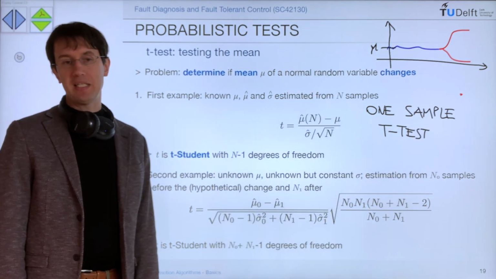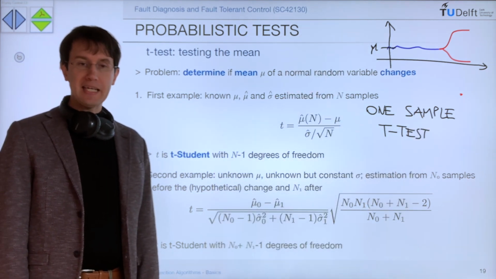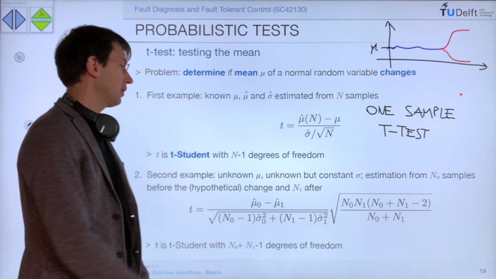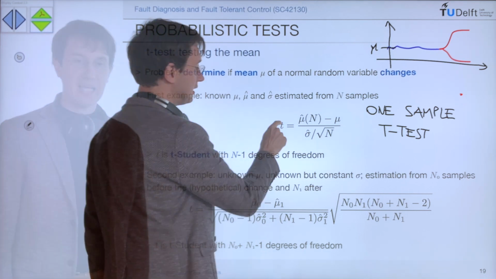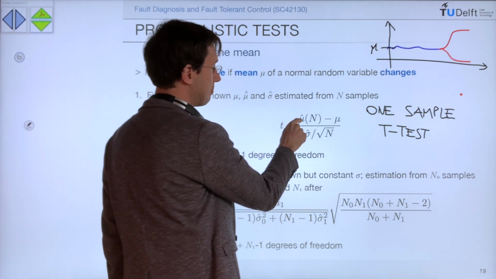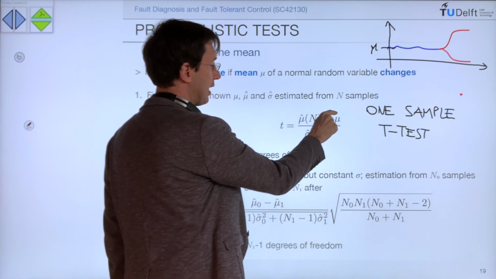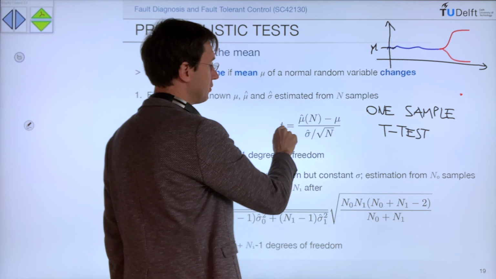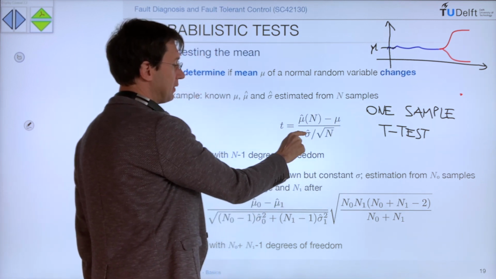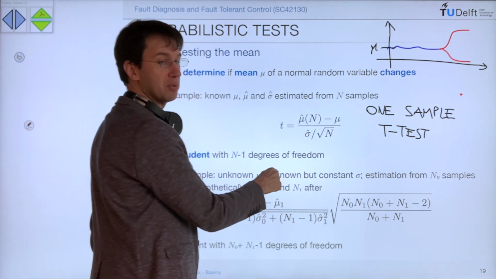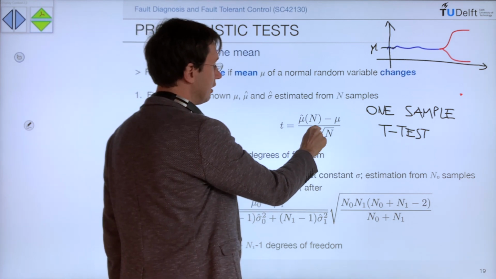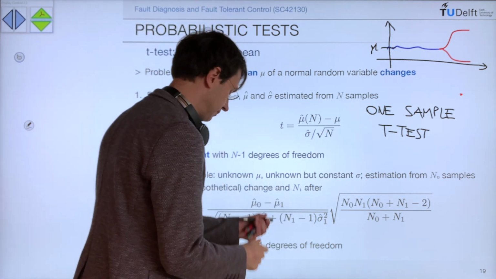This test is based on computing yet another random variable T. T is equal to the empirical mean mu hat computed using n samples minus the nominal mean mu, over the empirical standard deviation sigma hat computed over the same set of samples divided by the square root of n.